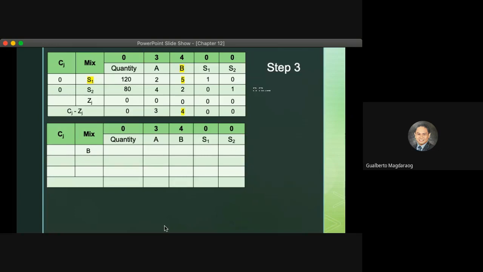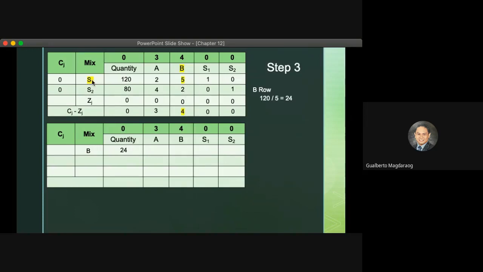And then, the B row, to compute for the quantity that you will input on the B row, you simply follow the operation of dividing the value on that particular column with 5 as the intersecting value between the highest in the index row and the outgoing row, which is 5. So 120 divided by 5 is 24.